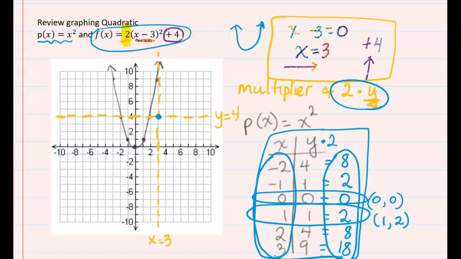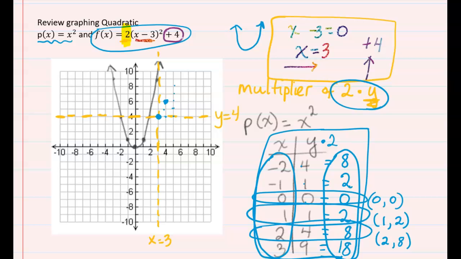Normally we go over 1, up 1, but because we have a multiplier of 2, I have to take that y value and multiply it times 2. And that's why you see it at over 1, up 2. The next point is going to be over 2 and up 8 from my new origin.